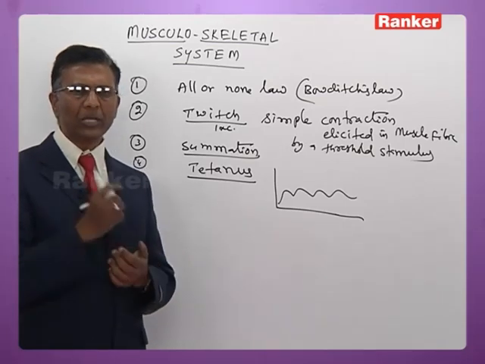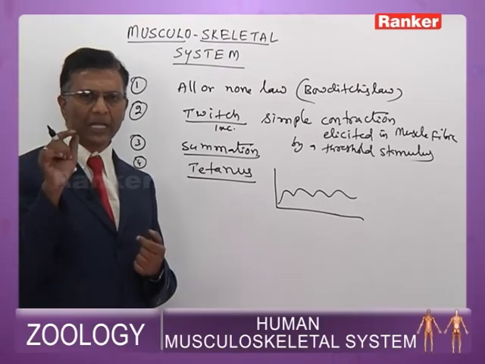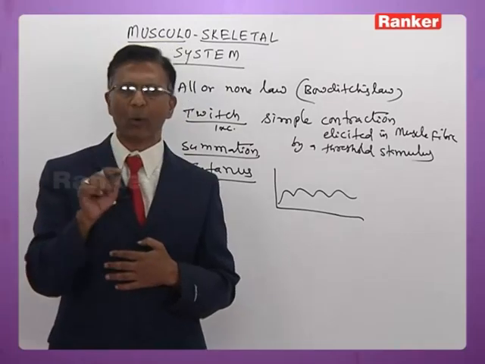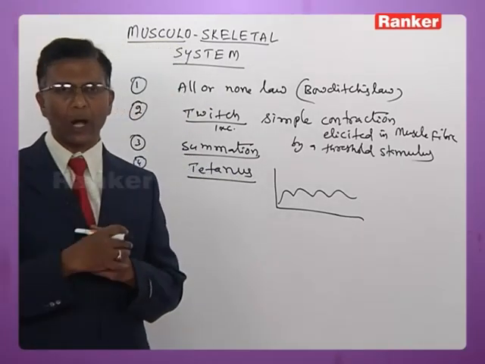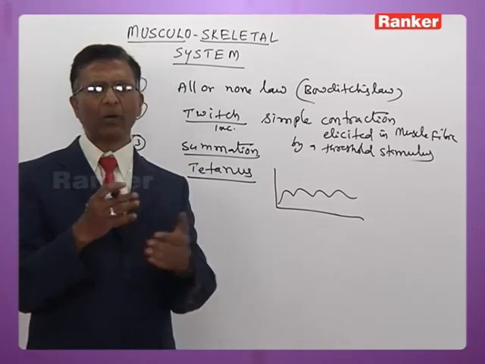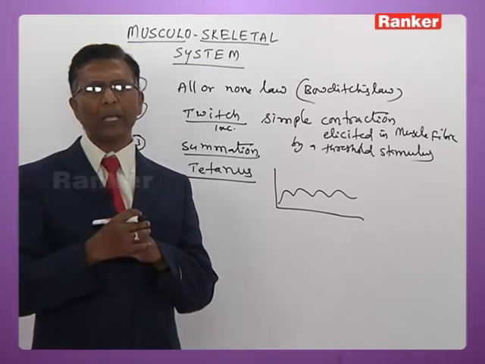Okay, because twitch always involves contraction of several bundles of muscle fibers. Here, as I mentioned earlier, in the case of skeletal muscle, a bundle that obeys all or none, which is a bundle of muscle fibers and a motor neuron, can be called a motor unit. So a motor unit obeys all or none.